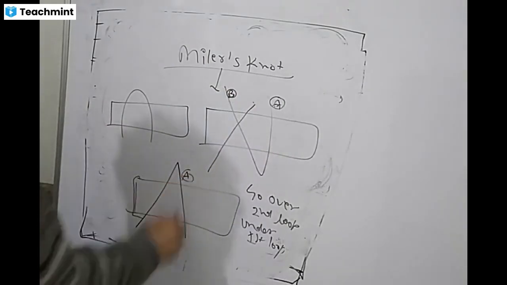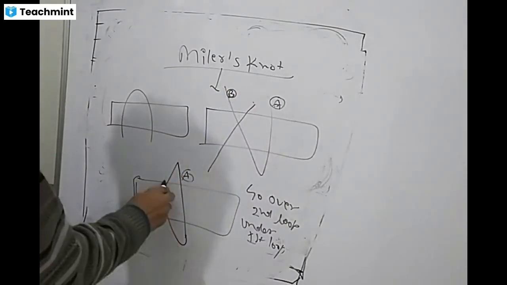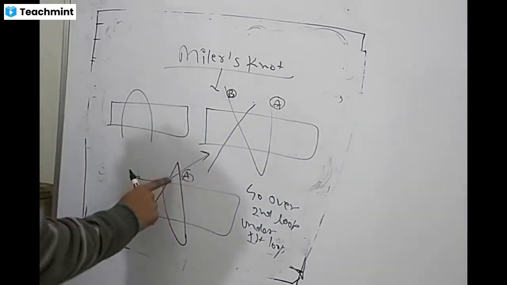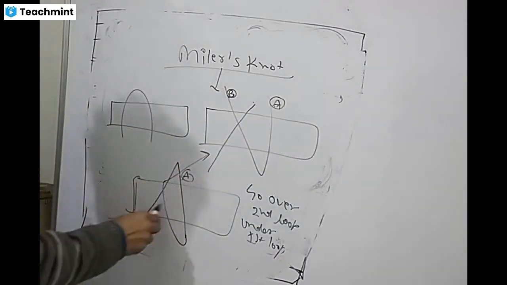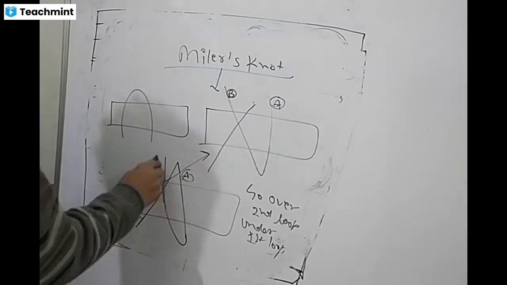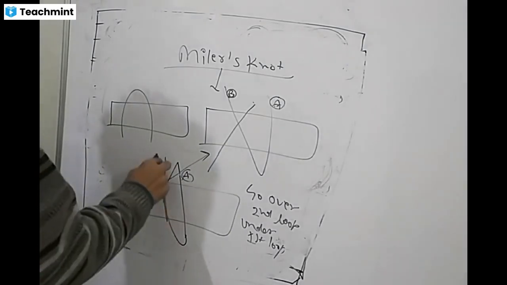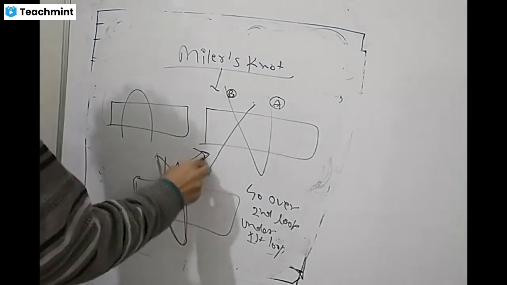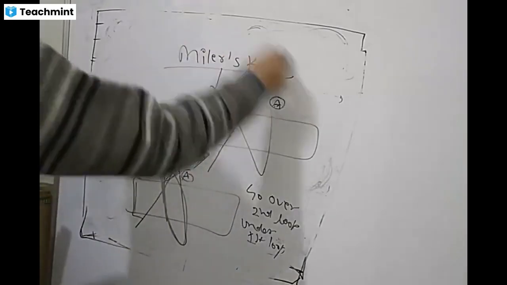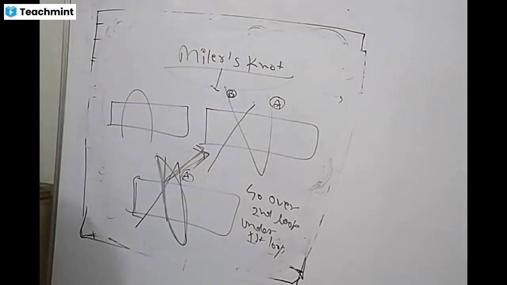So we go below A and above B like this, and it will form Miller's knot.